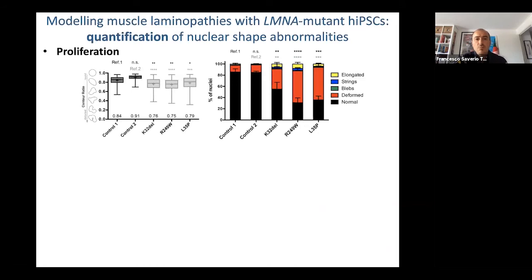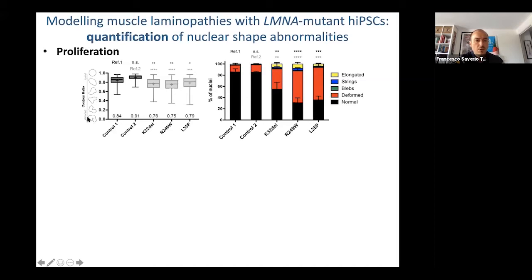So going back to the nuclear morphology abnormalities, as I mentioned earlier, we started also to quantify them, and we quantified them in proliferating cells. You see a quantification here using the contour ratio, which I mentioned before. Essentially, the higher the number, where 1 is the highest you can get, the rounder the nucleus.